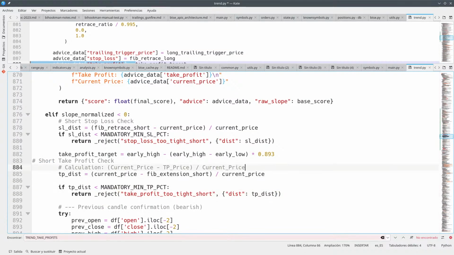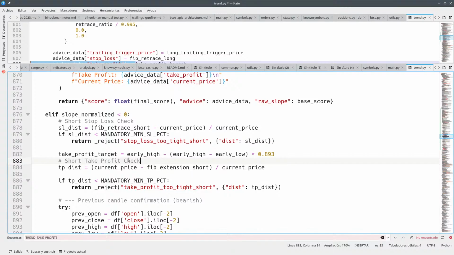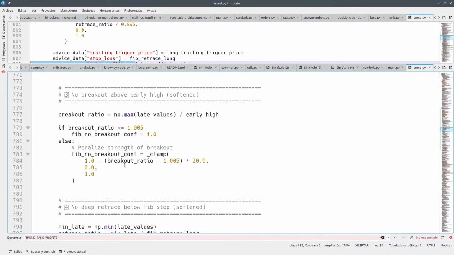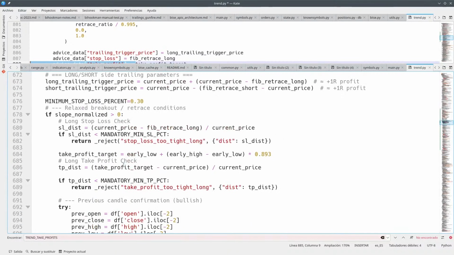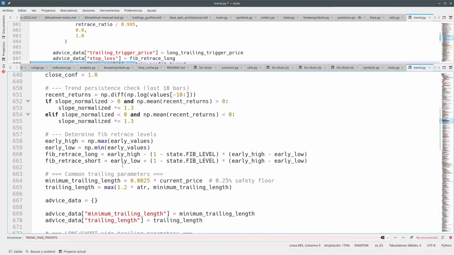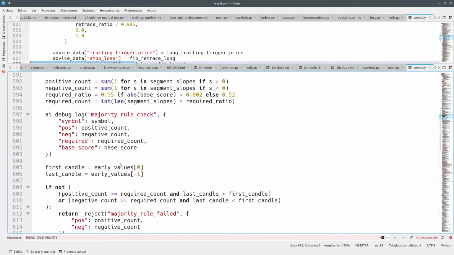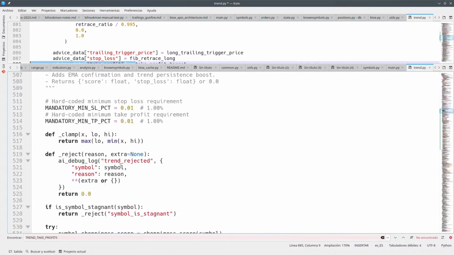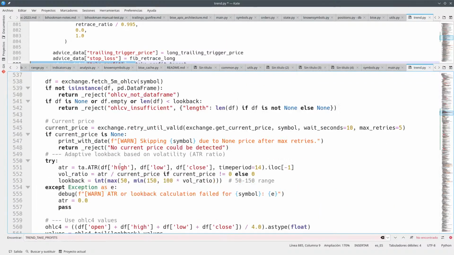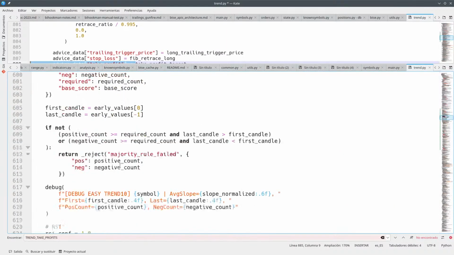So now, current price less take profit. So wait a minute, is there a space there? Why would you put a space there? Oh my god, this is very big.